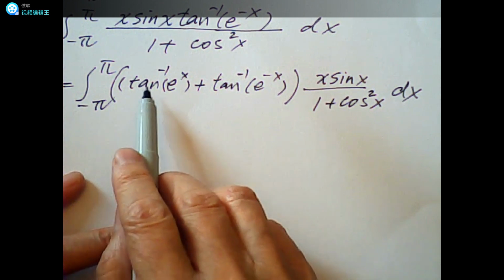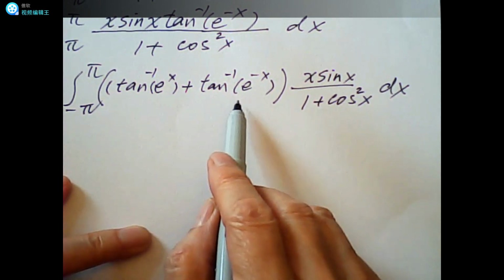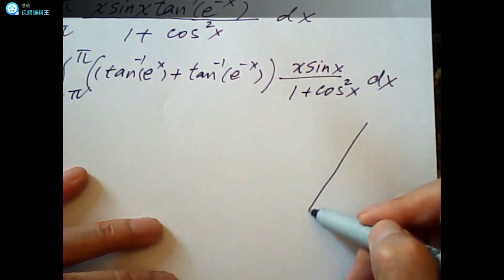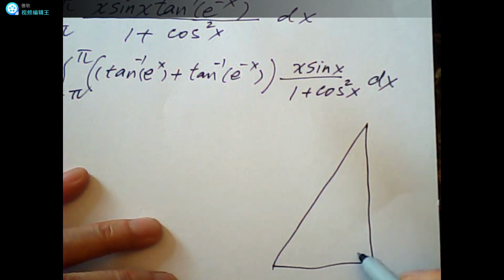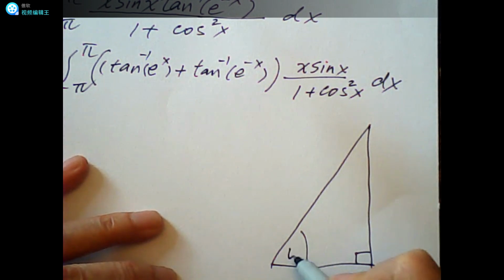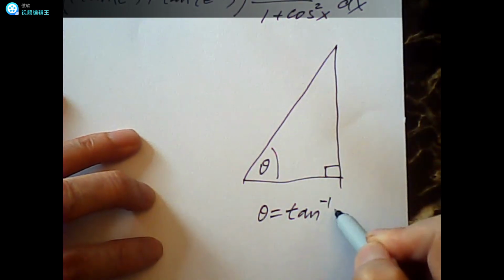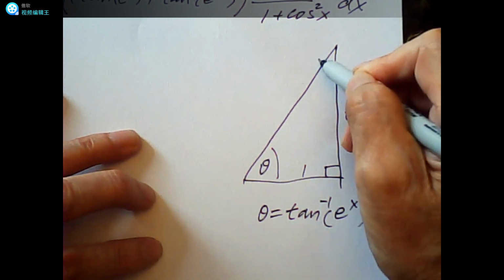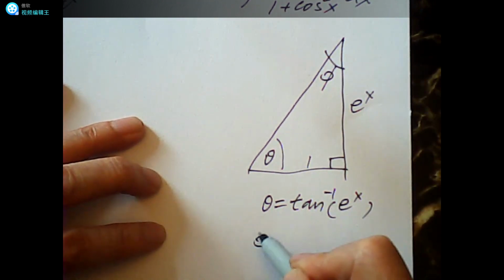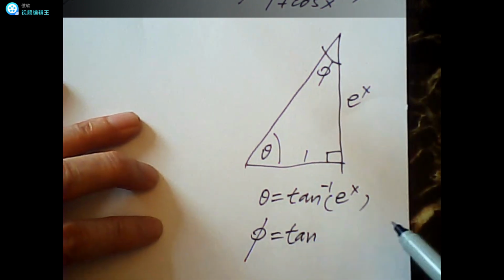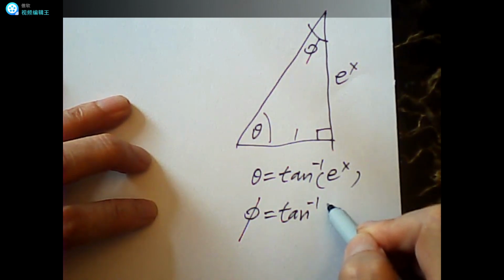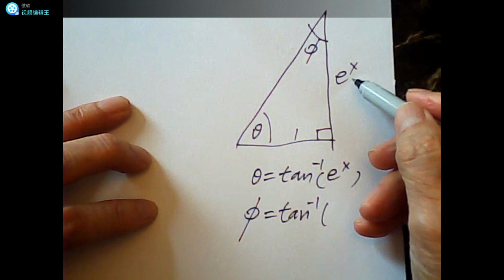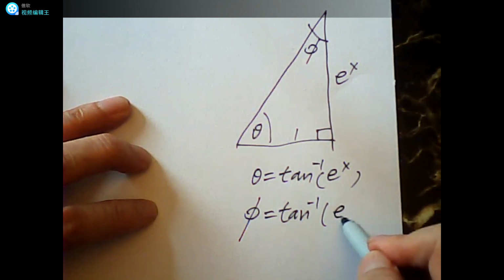Now we know that arctangent of something is an angle. This is also an angle. Now, if we draw a triangle, this theta is arctangent e to the x, which means this is e to the x, this is 1, isn't it? And this phi is arctangent 1 over e to the x, which is e to the negative x.